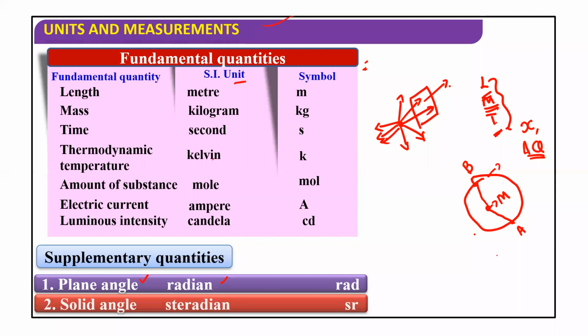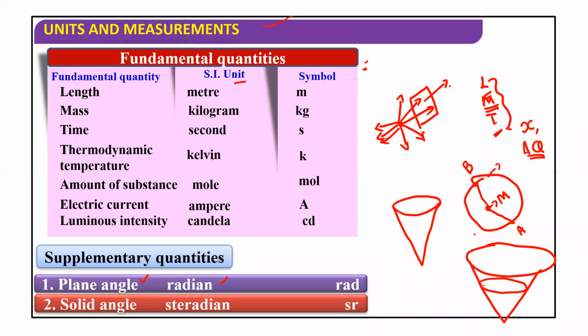Similarly, have you ever heard about the death track in circuses, where there is a cone angle where the motorcycle will be riding? Have you ever seen that? Also, we buy roasted peanuts from roadsides, and they give it in the shape of cones, right?